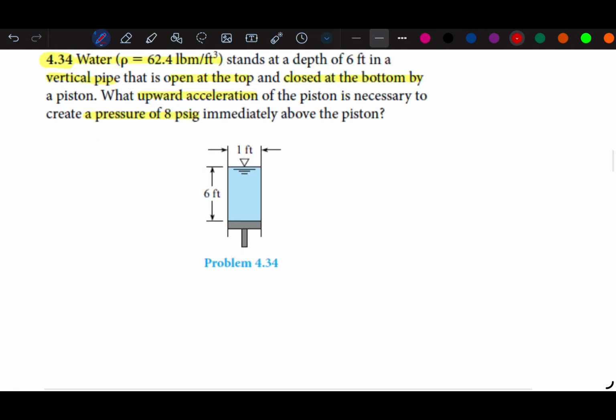So first we can assign some numbers to simplify the solution. So let's say we have the bottom, and let's say this is point 1 and this is point 2.